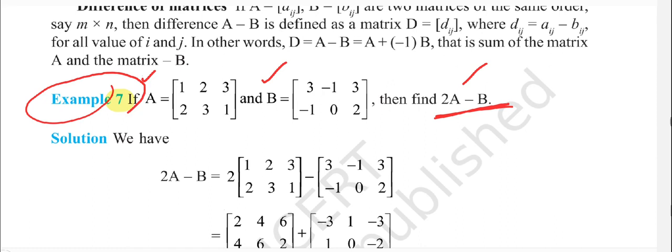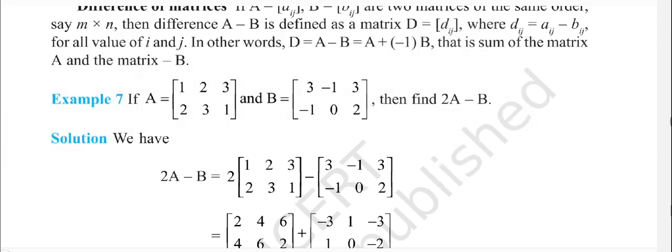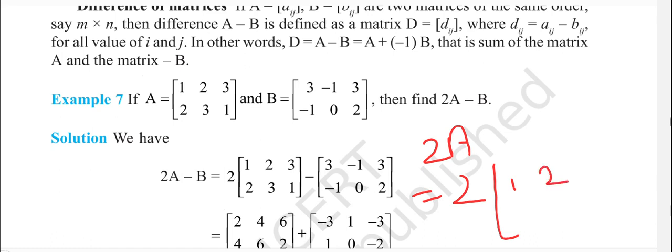First of all, let's find 2A. Now 2A is simply the multiplication of matrix A by scalar 2. So let me multiply the matrix A by scalar 2 at first. So 2 into A, what do I get? 2 into 1, 2, 3, 2, 3, 1.